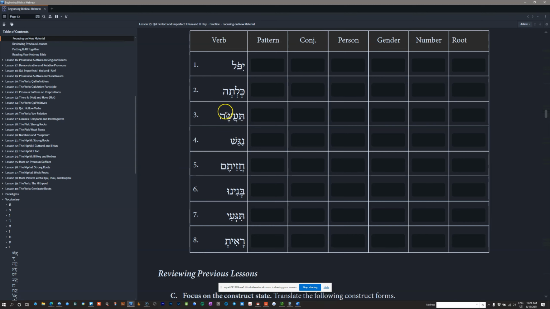No. The only thing that adds a hey to the end, I missed this earlier, would be a cal perfect III-Fs, but that's not what we have here because we have a... Well, okay, let's start with that. Let's start with that might be the case. If that's the case, because I missed that option as we were going through our process here. So how many letters does Hebrew verbal root have? 3.